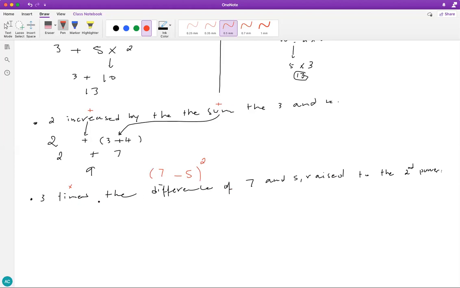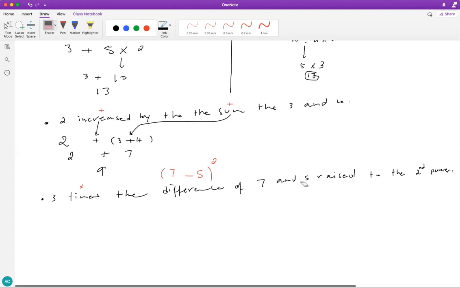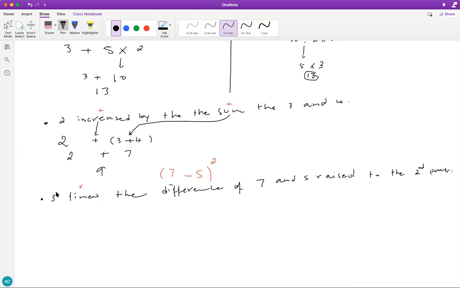Or 3 times the difference of, okay, so I don't need this comma here. This is a grammar issue. If I keep the comma here, that means the whole thing to the second power. But for now, I just mean this raised to the second power, as opposed to the whole thing to the second power. So let's rewrite the expression.